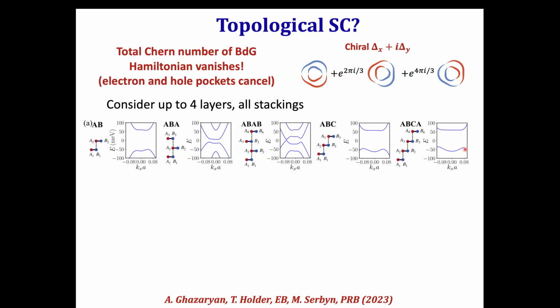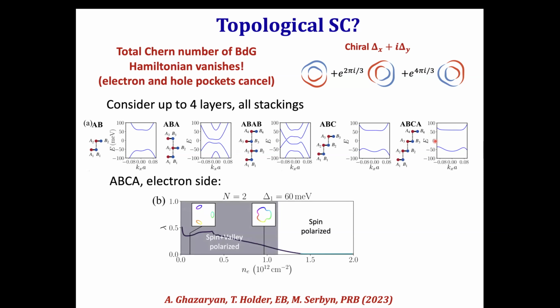Not very surprisingly, it turns out that the best system for superconductivity is the four-layer rhombohedral system. In that system, theoretically, you can get superconductivity in a range of parameters where there's a very trigonally warped, but singly connected Fermi surface in each valley. So this is actually predicted to be a topological superconductor.